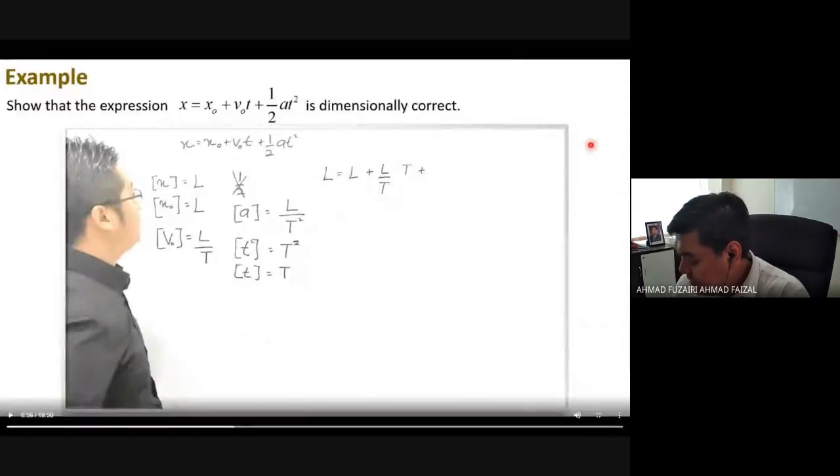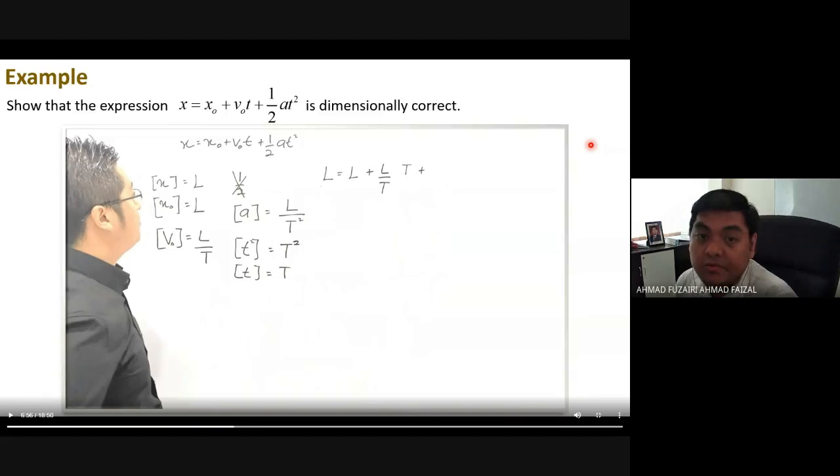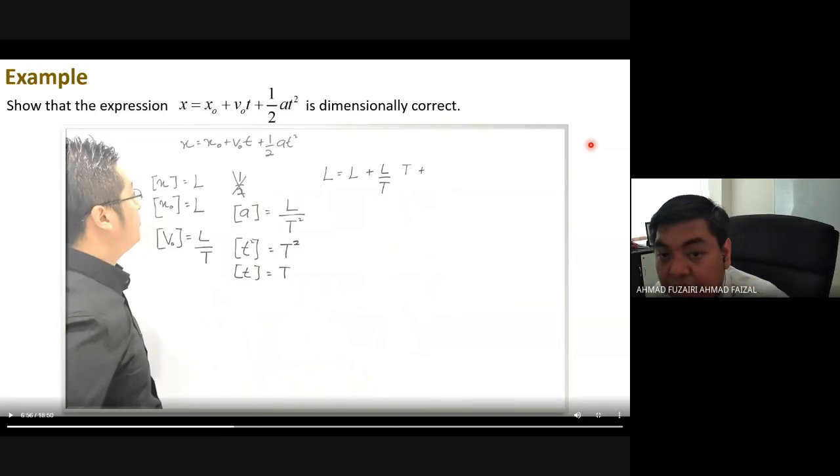So let's look at this problem first. Can you see it? Okay. This is the question about show that the expression of x equals x naught plus v naught t plus half a t squared is dimensionally correct.